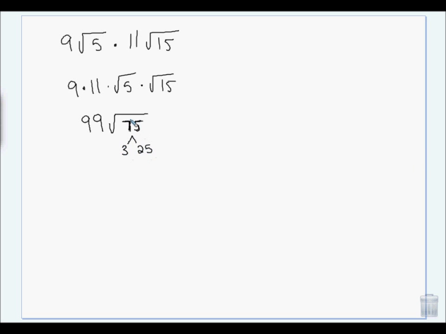Well, because I know money, I know that 75 cents is 3 quarters. And then 25 is 5 times 5, which, you know, is a perfect square. So I can bring that 5 out. And I have 99 times 5. This 3 gets left behind. So I have 495 times the square root of 3.